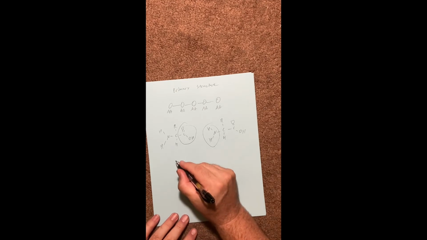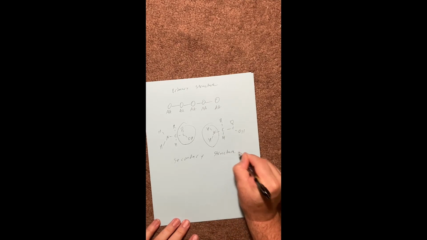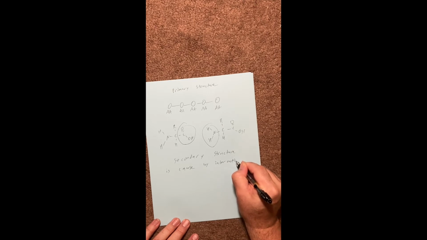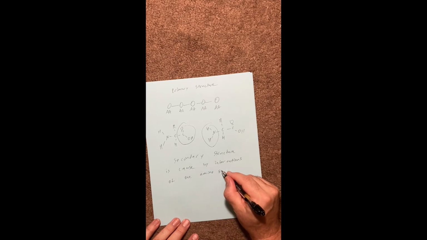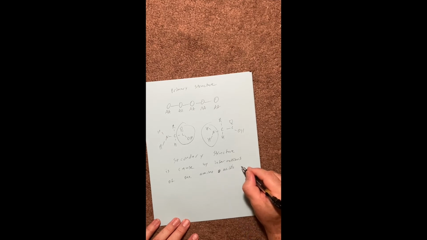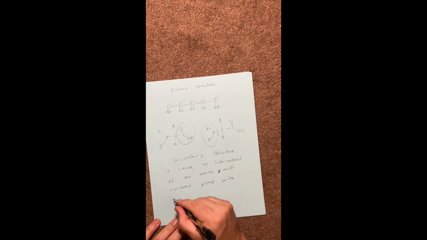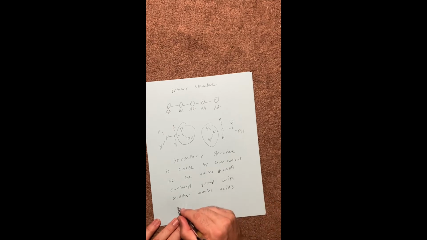This causes the secondary structure. So the secondary structure is caused by interactions of one amino acid's carboxyl group with another amino acid's amino group.